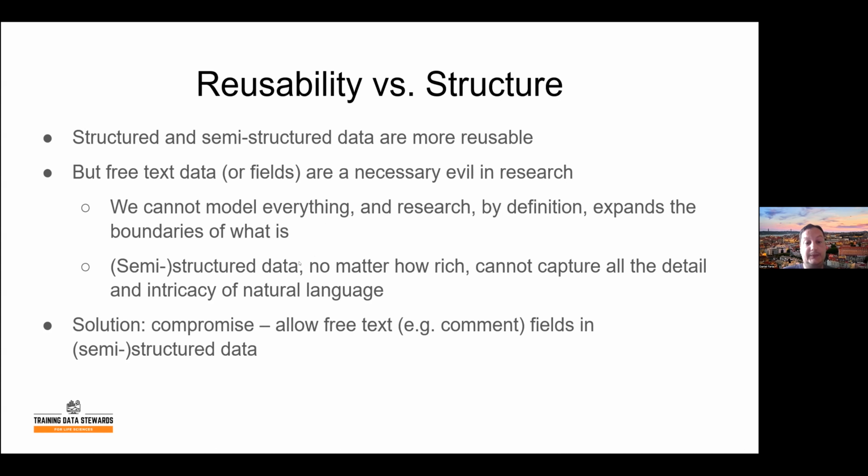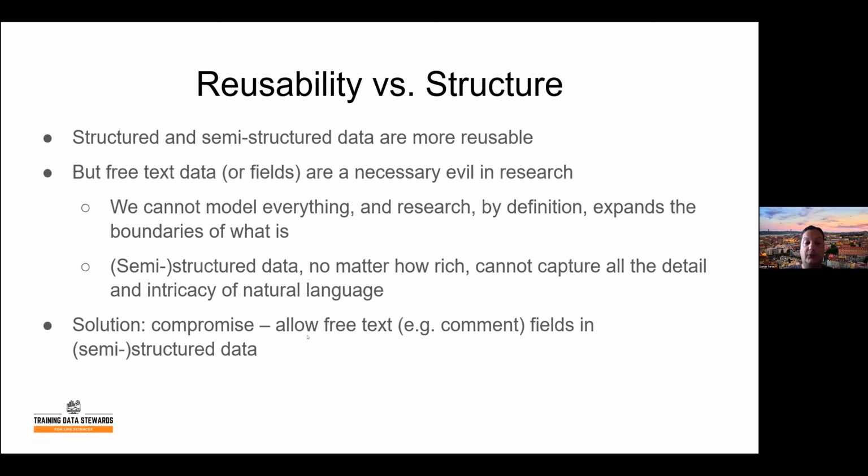And so it becomes very difficult to create standards and models that encompass everything. And even if you could, semi-structured data, even if it's very rich and very detailed, never captures the full detail and intricacy of a natural language description. That's why we write research papers that are 16 or 20 pages long, and the data set has about 1 or 2 pages of metadata. So the solution, especially at the metadata level, is to compromise.